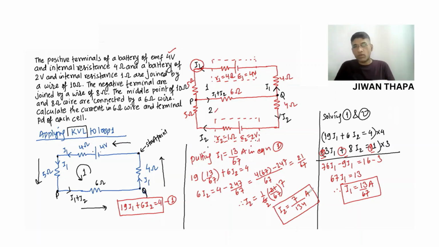I2 equals this much, or we can simply write in this way also. 7 divided by 134. So we get 0.0522. So we get this.